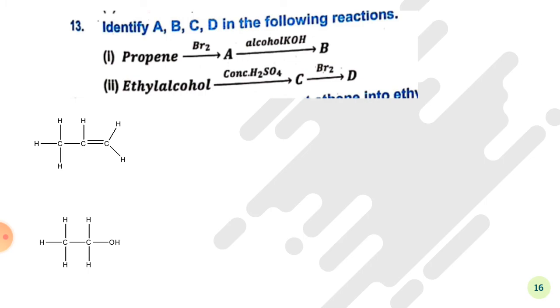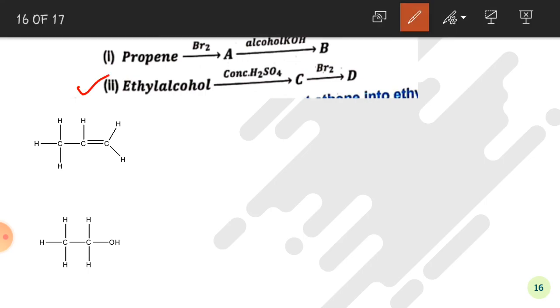Now in the second reaction, we have to react ethyl alcohol with concentrated sulfuric acid. Now when ethyl alcohol reacts with concentrated sulfuric acid, this means that this is a dehydration reaction. When dehydration takes place, it will result in the formation of ethene. And in the second step, we are reacting this compound with bromine.